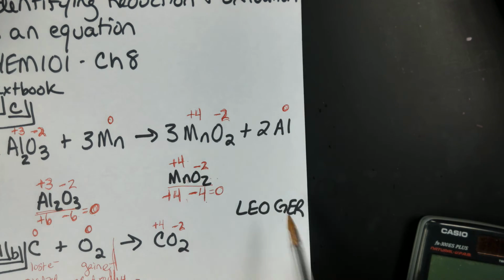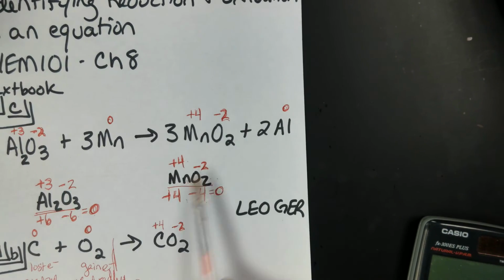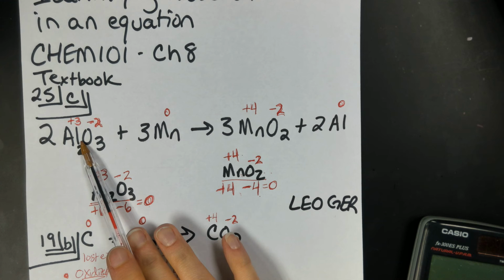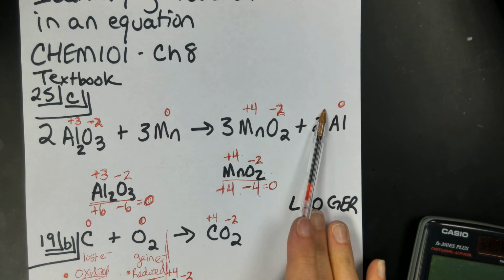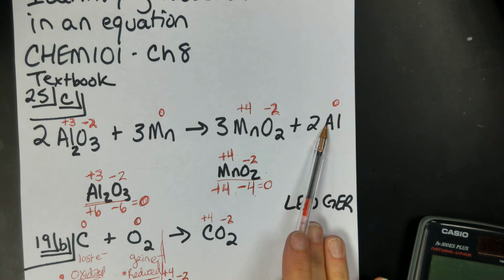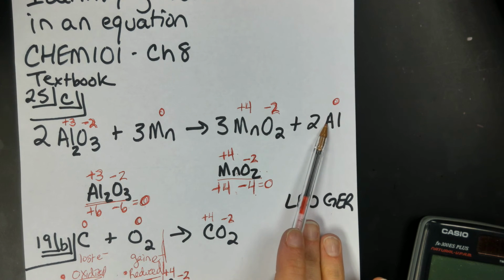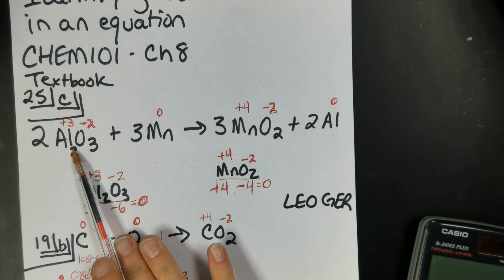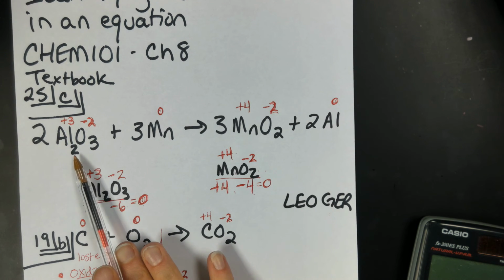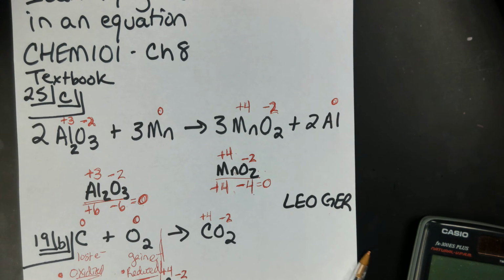Okay, perfect. So now that we've done all the scratch work and we know this, we know that aluminum went from a +3 to a 0. Do you have to gain electrons to go from a +3 to a 0? Yes. You have to gain negatives to go all the way from a +3 to a 0. You're basically decreasing in your charge, so you have to gain electrons.